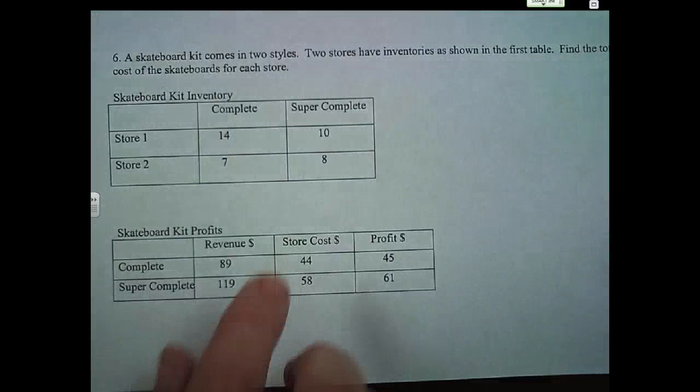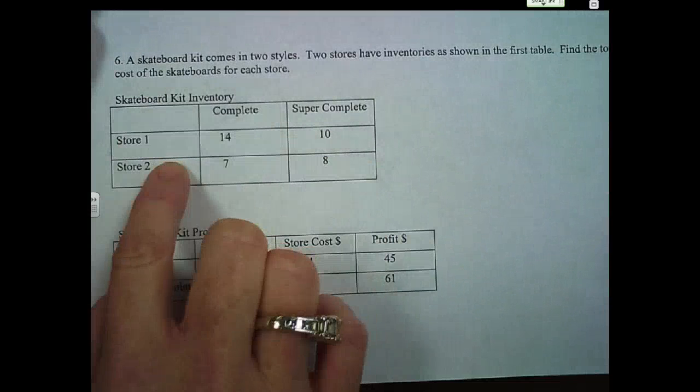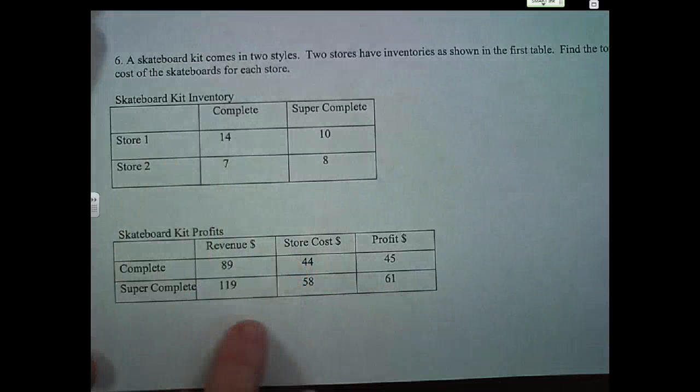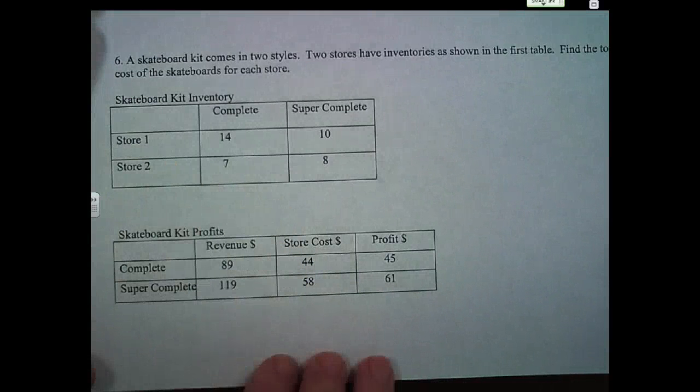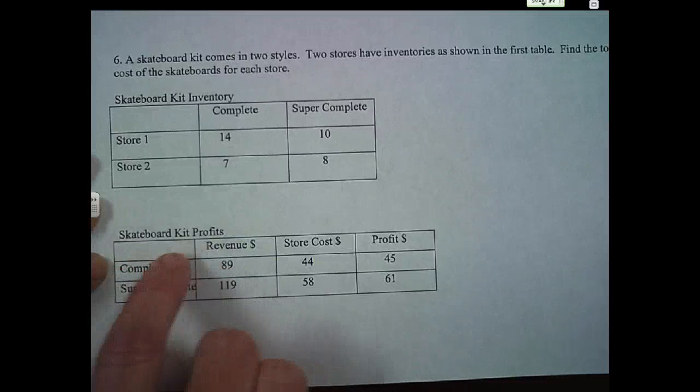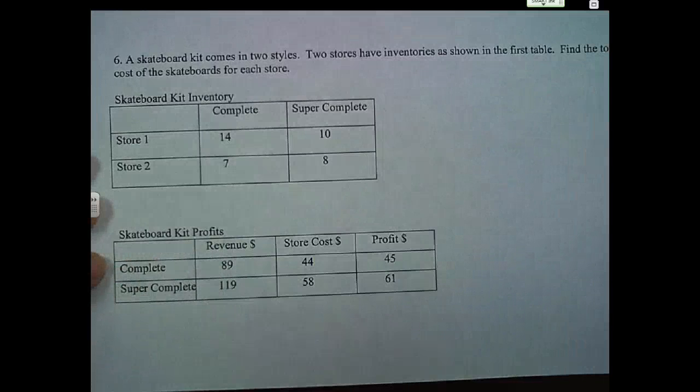So this is the information on the first store, 1 and 2. But down here, it's a different kind of list. So this guy that owns these stores makes different kinds of information sheets. This information sheet is saying, okay, these are my profits. In other words, how much money I'm making on these different kinds of kits, either a complete or a super complete.